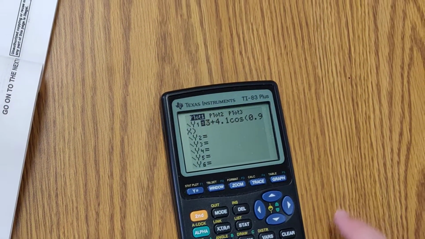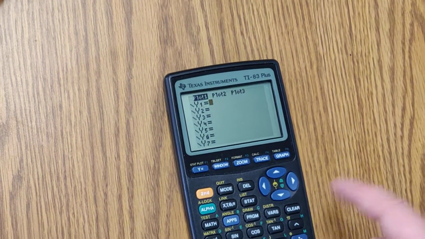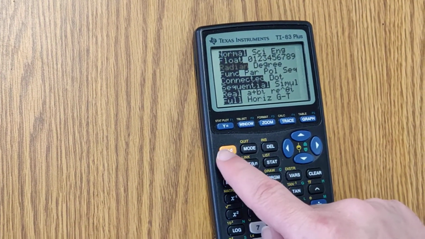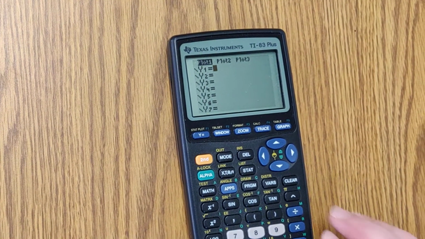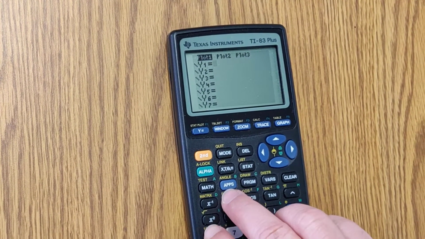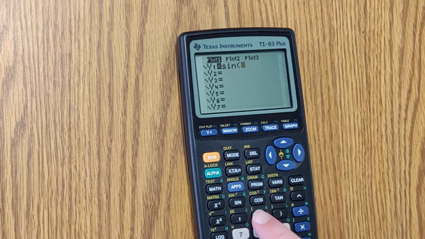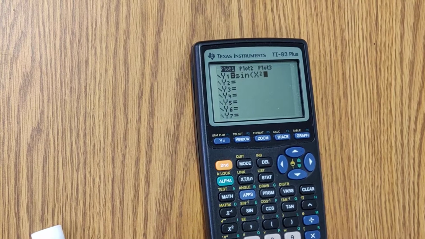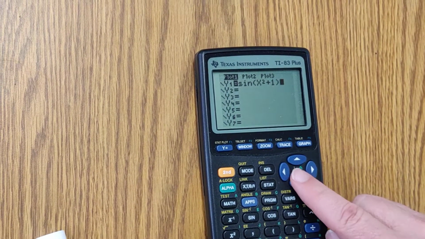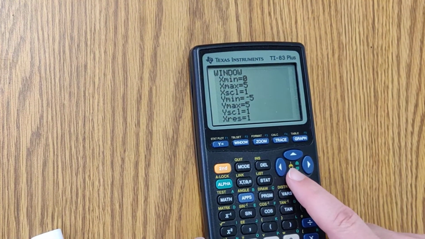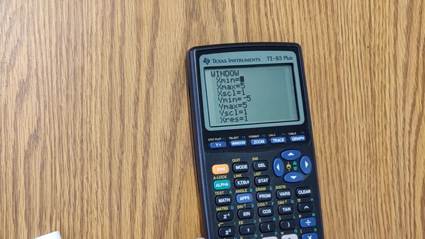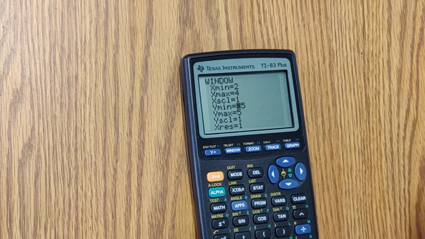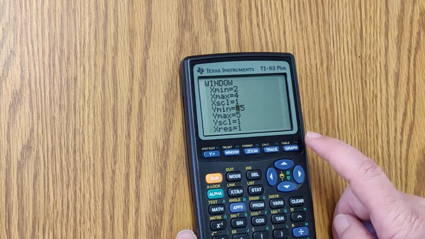We go to y equals, we clear what we have. Remember, we already went to mode, we already know that we are in radians. So back to y equals, and we enter sine of x squared plus 1. Before we go on, we change the window. This time our window needs to be between 2 and 4. And we leave the y's the same, and then we draw the graph.